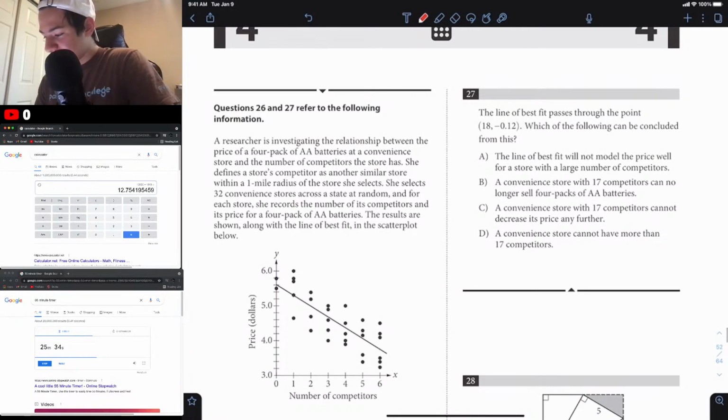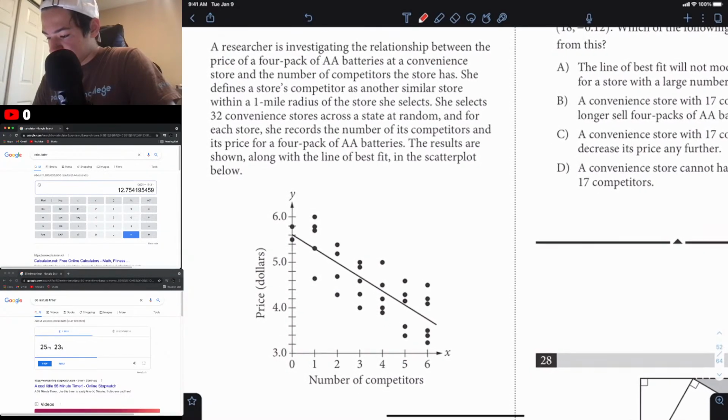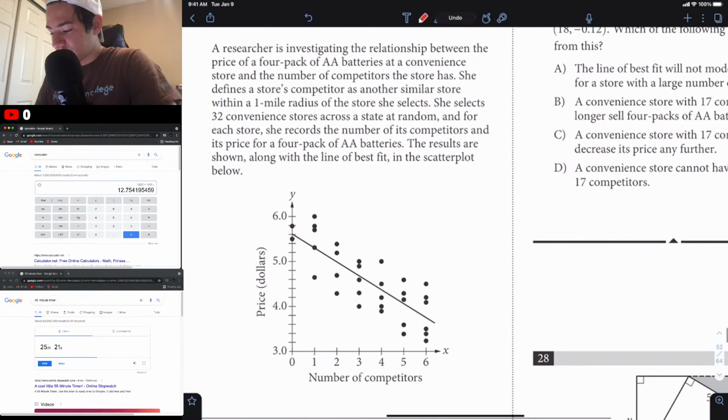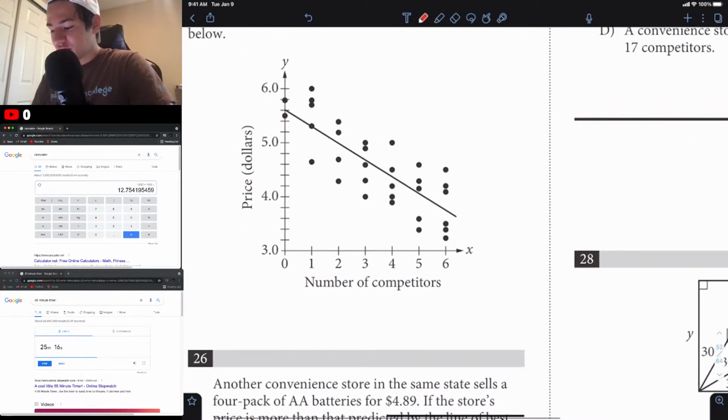Wow, that was a really, really confusing problem. Let me read it real quick. Okay. So we can see that the price in dollars is the y-axis, number of competitors on the x-axis.